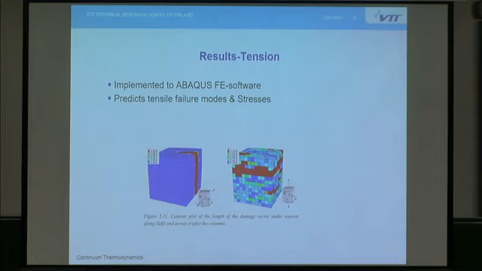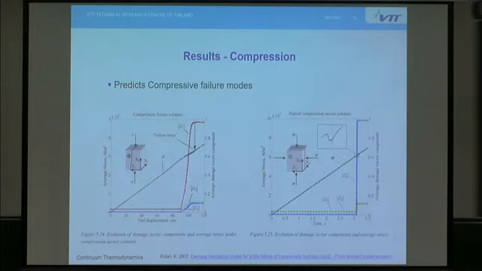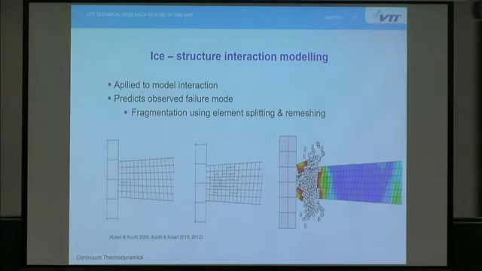It's no surprise because you have the functions which fulfill the requirements. So it models tension and biaxial compression, and we have applied it in the modeling of ice structure interaction.